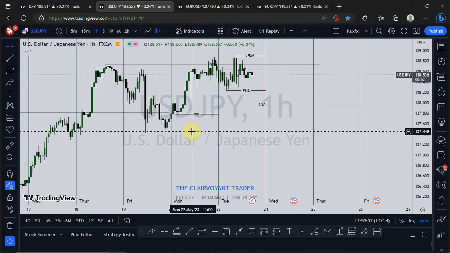Because it is USD and JPY, sometimes it doesn't really follow the dollar index. Sometimes you might see the dollar index moving to the upside, and then USD/JPY will be moving to the downside. It's not even a market I'm really interested in so much.